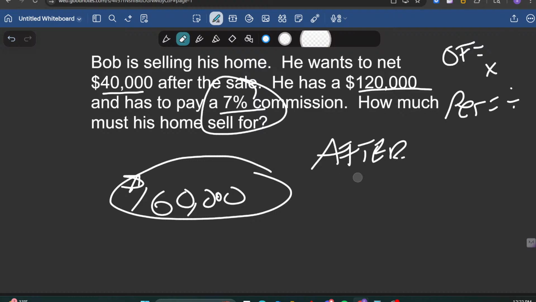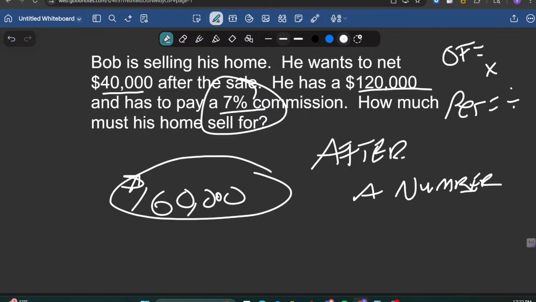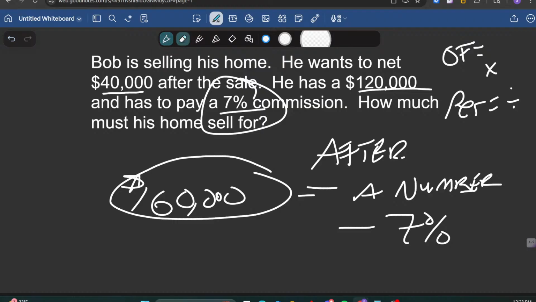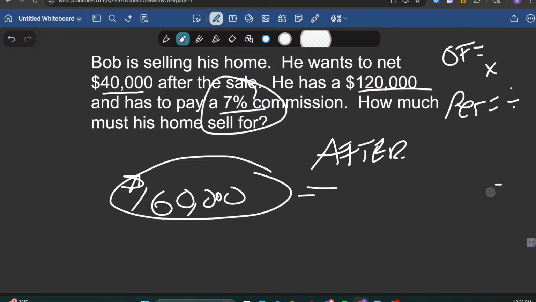So now, if we have a number, and just follow me on this, if we have a number, and we're like, okay, this number equals this less 7%, wouldn't we say that that number is equal to 93% of that number we don't know?